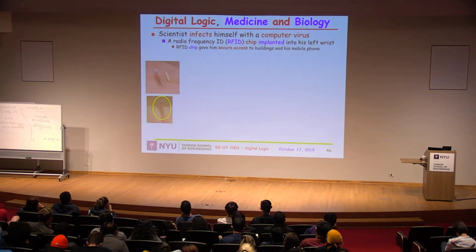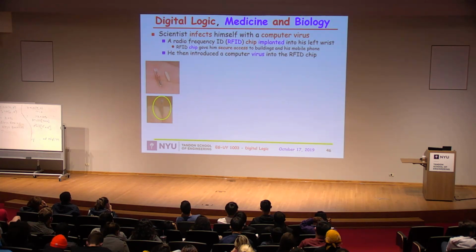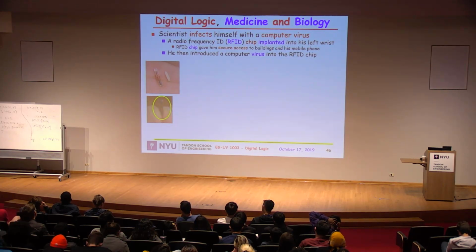So to show that the human body can be hacked, this is the first example of the human body getting hacked by outsiders. The scientists planted a tiny RFID chip in his left wrist. There is an empty area in the left wrist, everybody. And then he was able to get into his building without using his ID card.